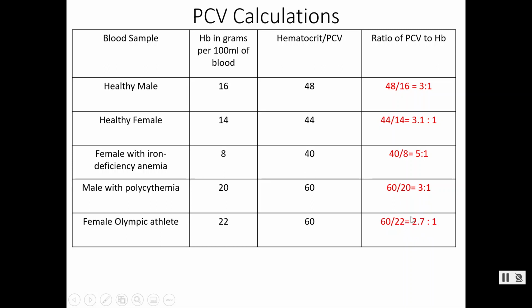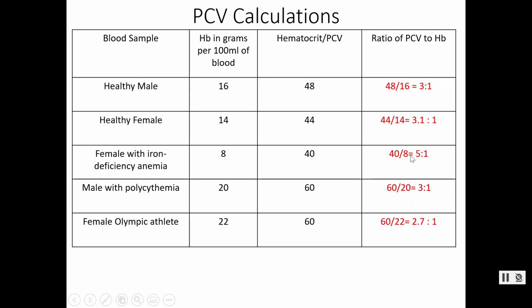Olympic athletes are very good at endurance training and things like that, and their body is very effective at carrying that oxygen around in the blood to use it properly, and so this lower value is not indicative of a problem. Okay, so that's something that confuses students a lot. They think, oh, the higher the ratio, the better, and that's just not the case here.